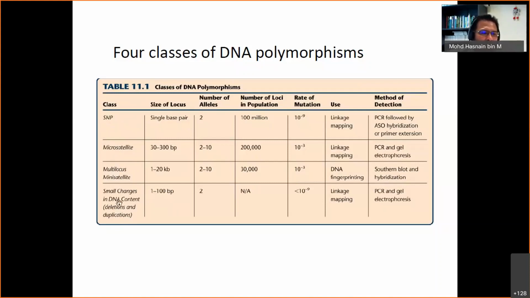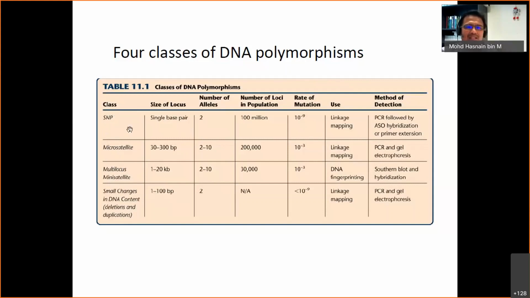Sometimes there are very small changes in between, by deletion or duplication. But normally when we talk about polymorphism, we are talking about these three: whether it's a SNP, microsatellite, or multilocus.